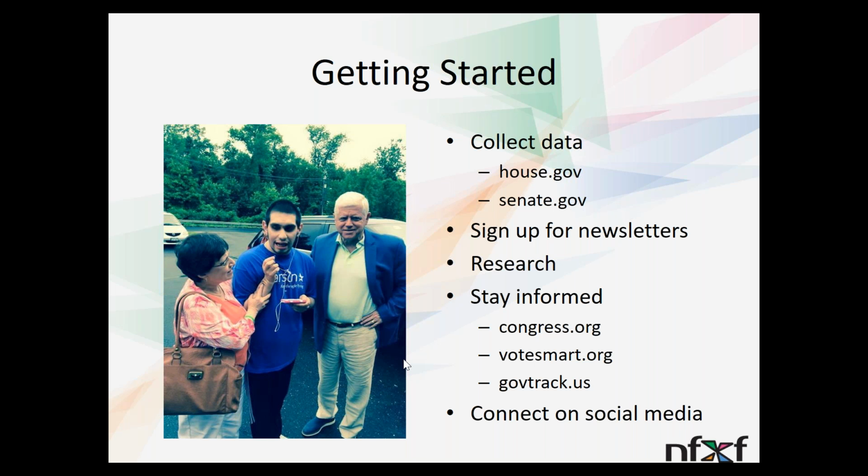You want to start by collecting data. If you don't know who your elected officials are, you want to be sure you find that out and get to know more about them. You can find out who they are at house.gov or senate.gov. You can visit your local elected officials' websites and create a record from there.